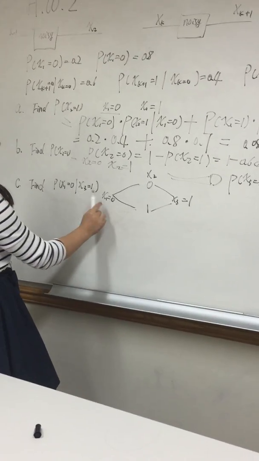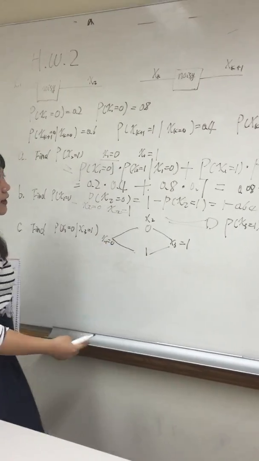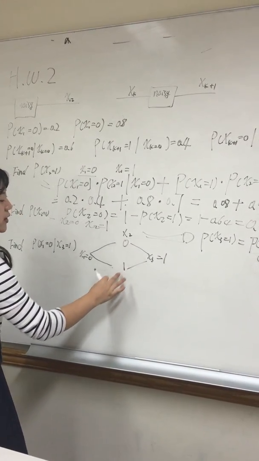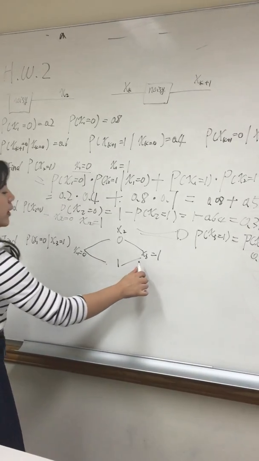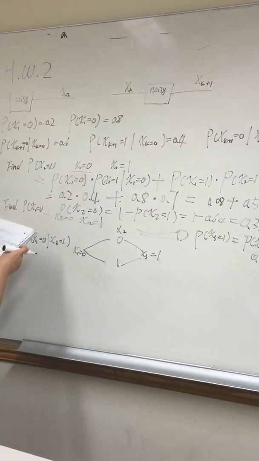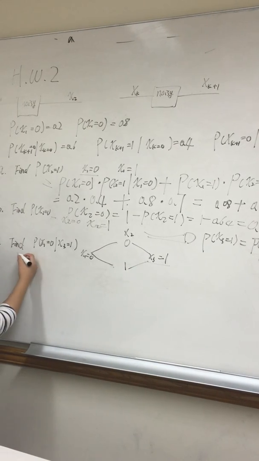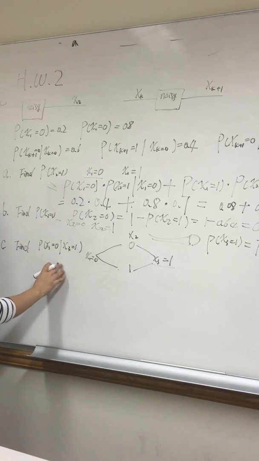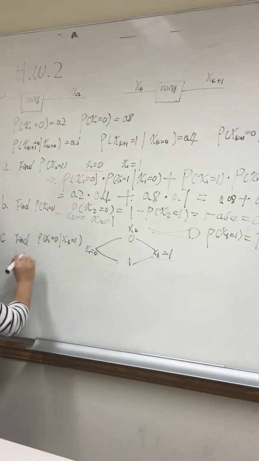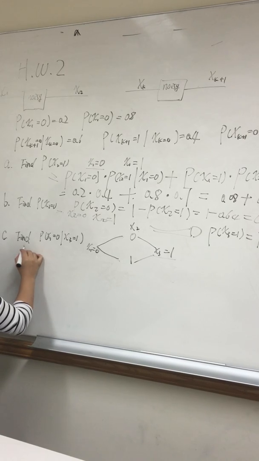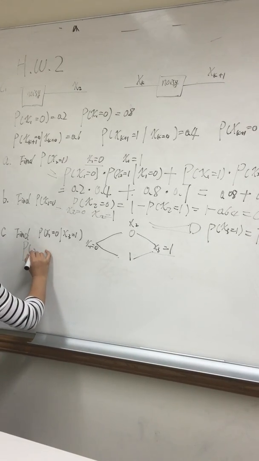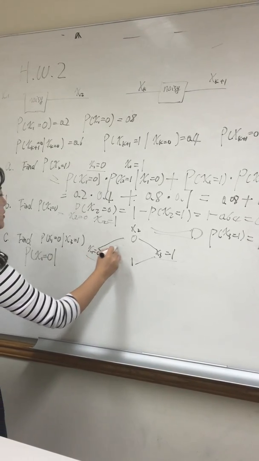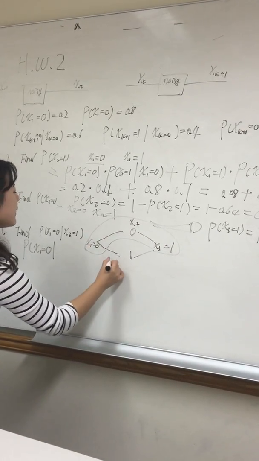When x1 equals 0, there are two kinds of situations: x2 equals 0 or x2 equals 1, and then we can get x3 equals 1. So we solve the first situation first and then add the second.